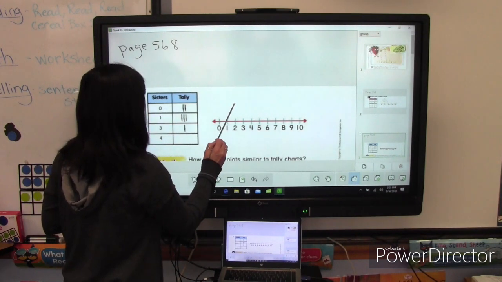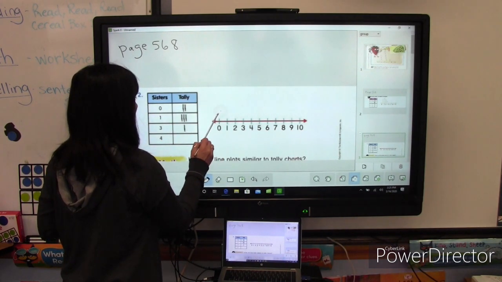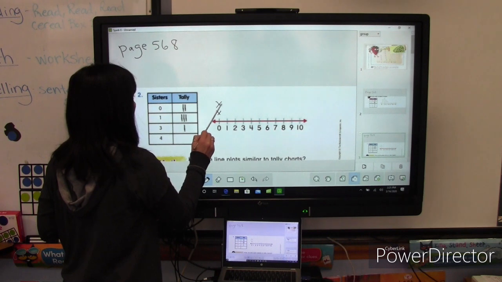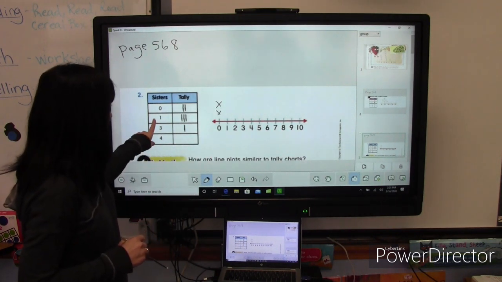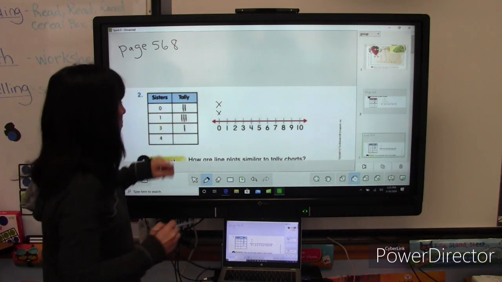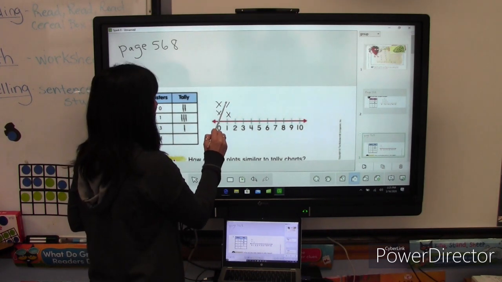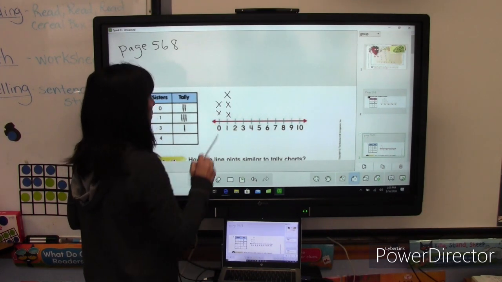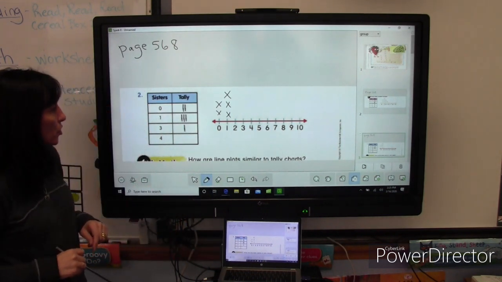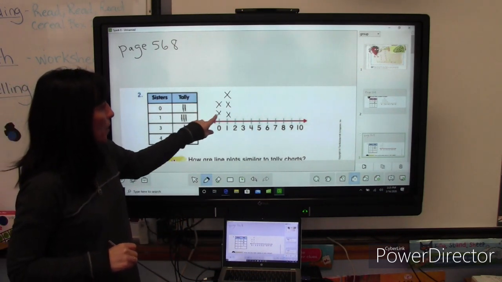0 sisters would be 2 students. So I'm going to go to 0, and 2 of the students had 0 sisters. For 1 sister, there are 3 students. So I'm going to go to the number 1, and I'm going to mark the 1, 2, 3 students that have 1 sister. Notice that I'm lining up those X's again.